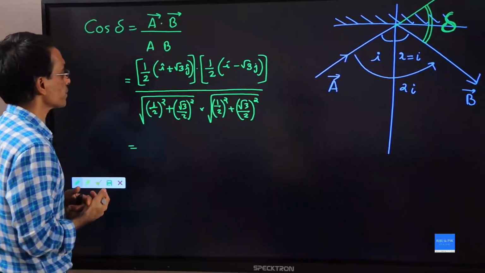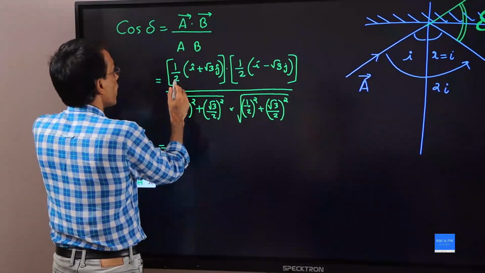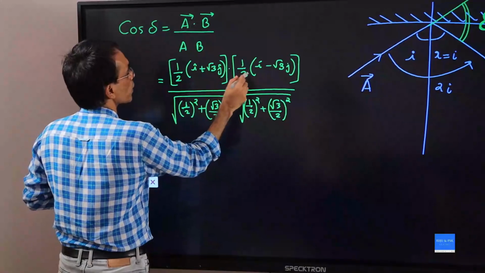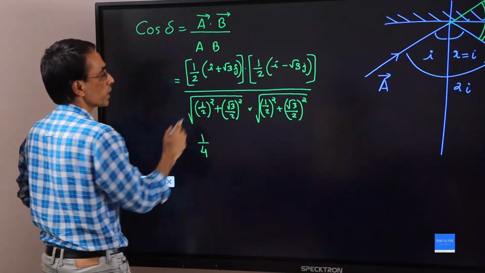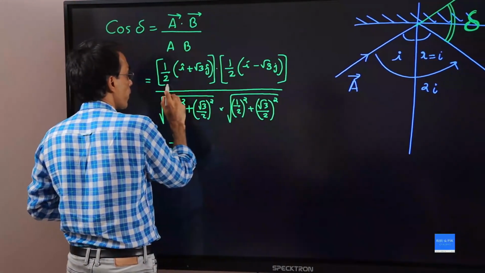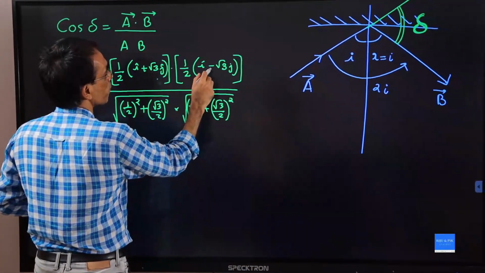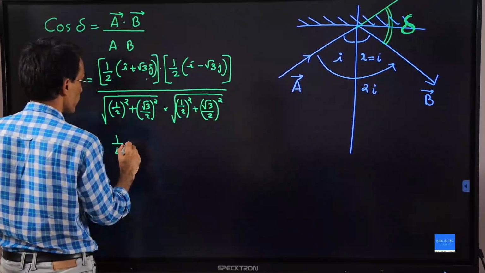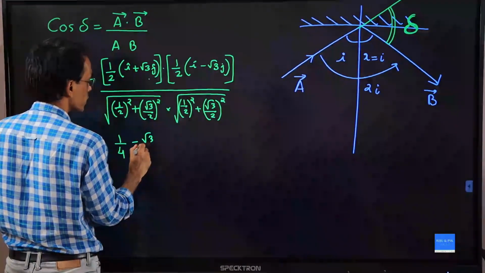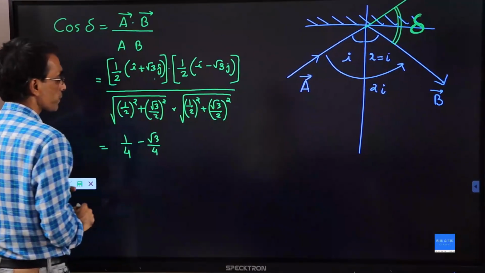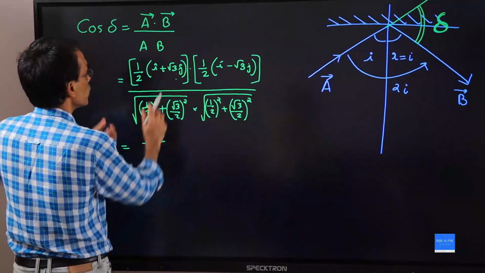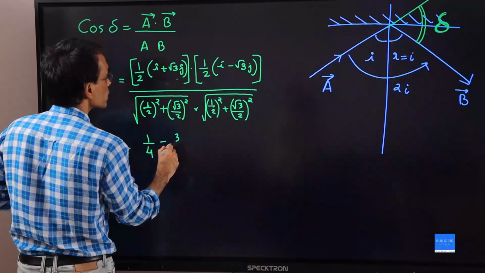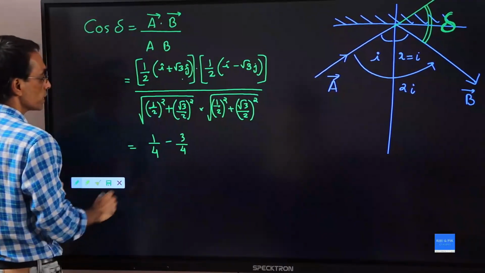So what will I get? Half i dot half i will give you 1 by 4. Similarly, root 3 by 2 j dot minus root 3 by 2 j will give you minus root 3 by 4. I'm sorry, minus 3 by 4, since root 3 into root 3 gives 3 by 4.